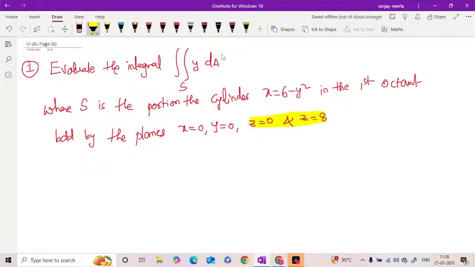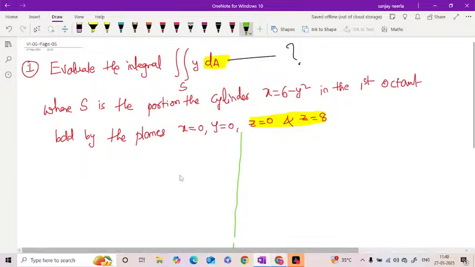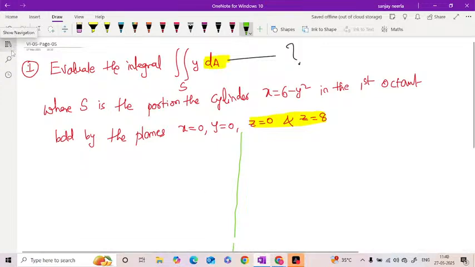Now here I am asking a question: what is the dA here? Did you understand the question? We have three types of problems: xy plane, xz plane and yz plane. We can easily identify here, that is very simple.